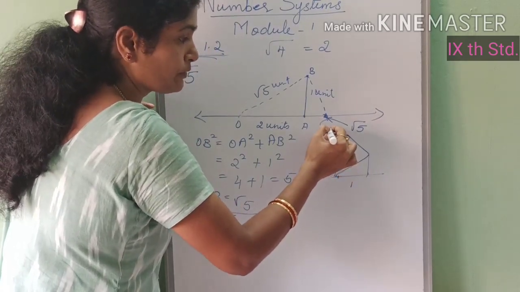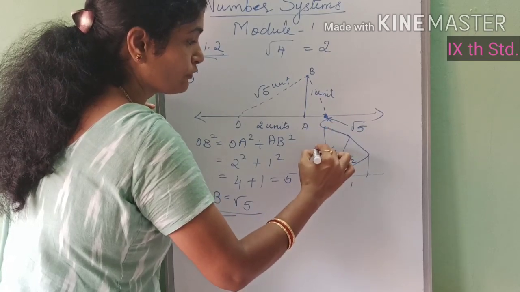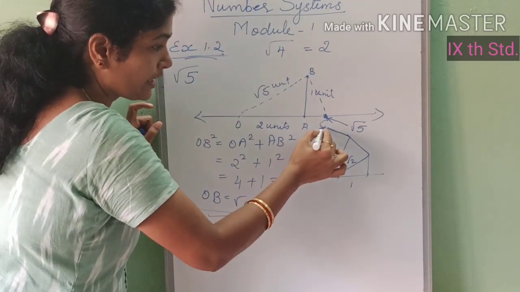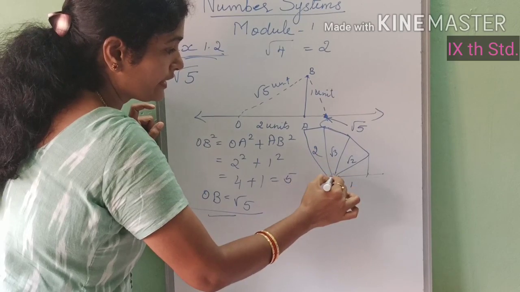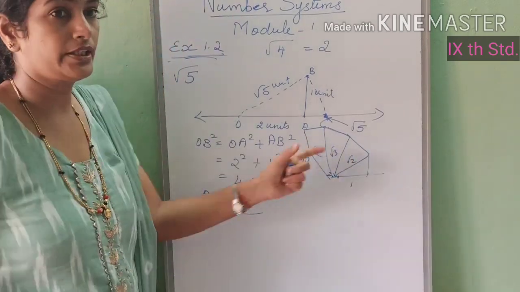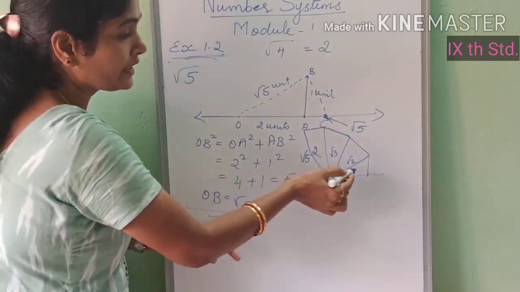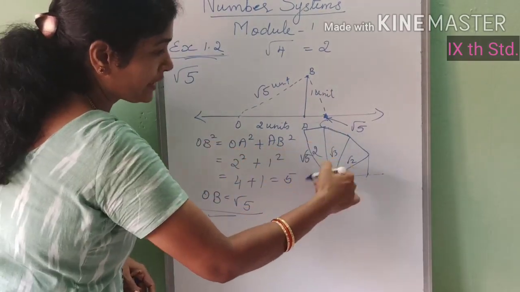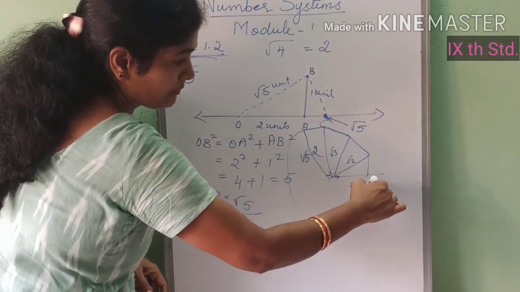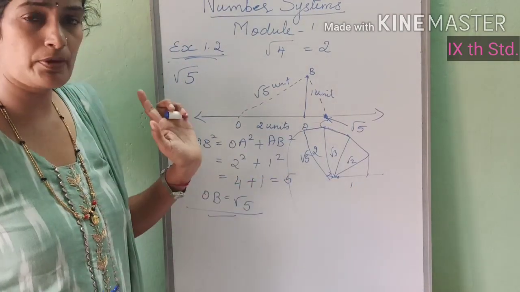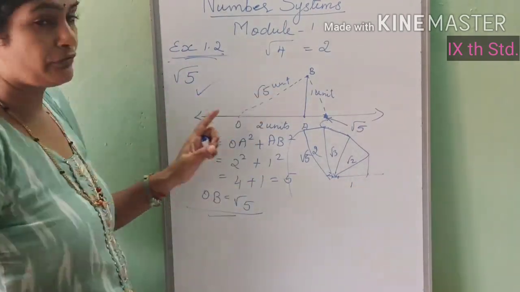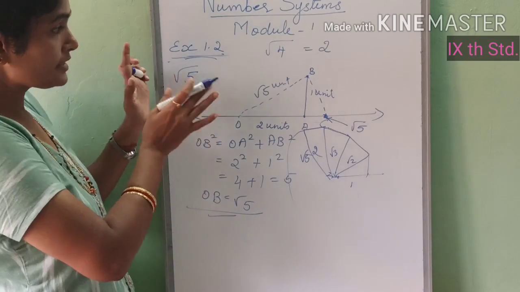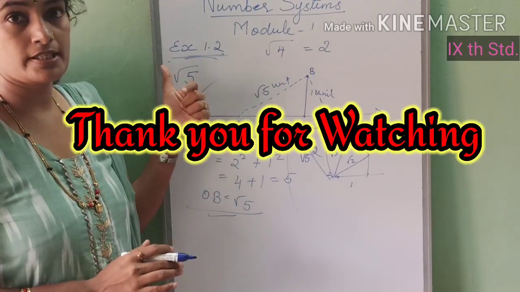Then one more step you will construct and get root 4, that is nothing but 2. Again one more, same way. Then the next step you will get root 5. This is the spiral root, finding the square root by the spiral method. If you go on like this, it will come down like a spiral. This way is also possible, but this is also perfectly right. Okay. By this we will come to an end of exercise 1.2.